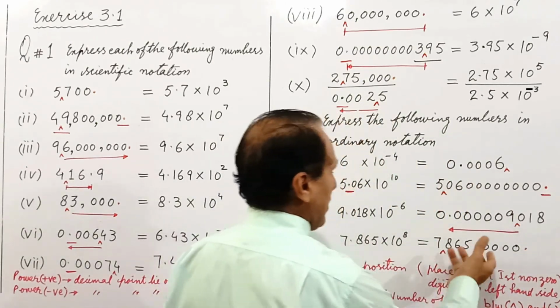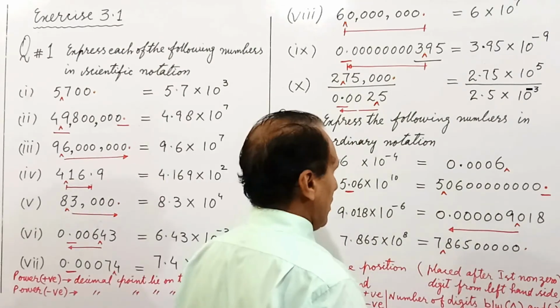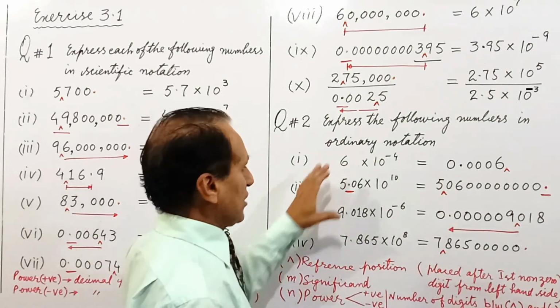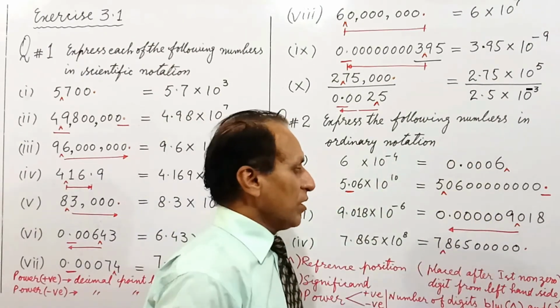And now we get the ordinary notation, and we express the given number in scientific notation into ordinary notation.